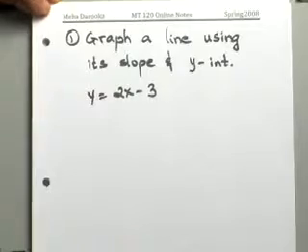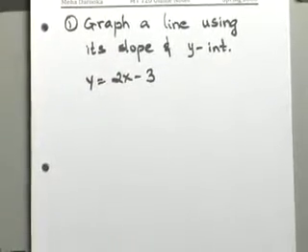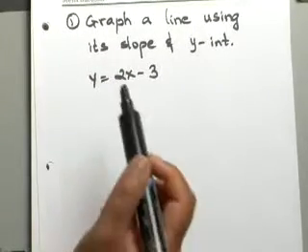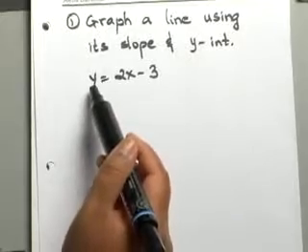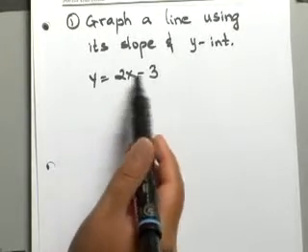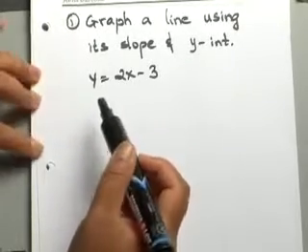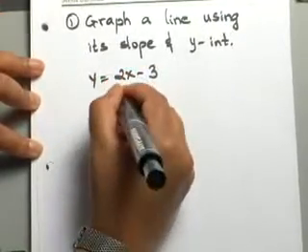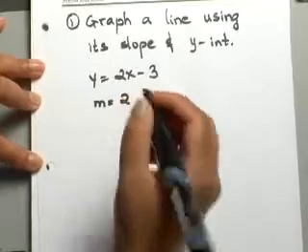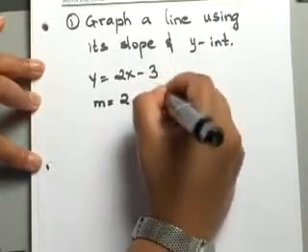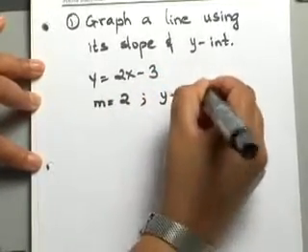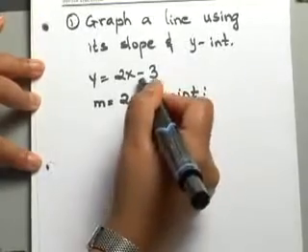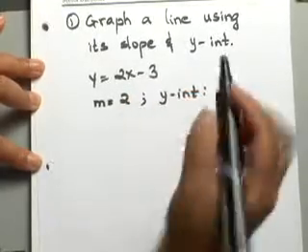So we want to try and graph a line using its slope and y-intercept. You can see that this equation is given to us in the slope-intercept form, where you can identify your slope as the coefficient on x, which is 2, and your y-intercept is always the constant term right over here, so that's negative 3.